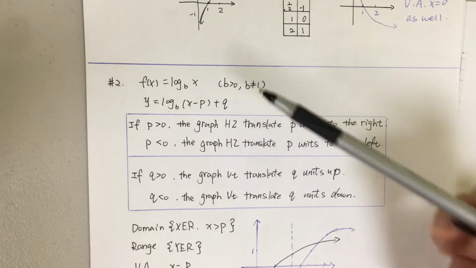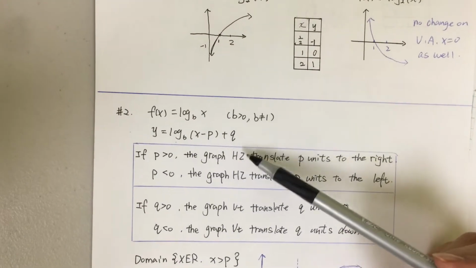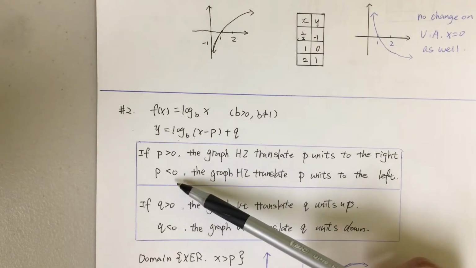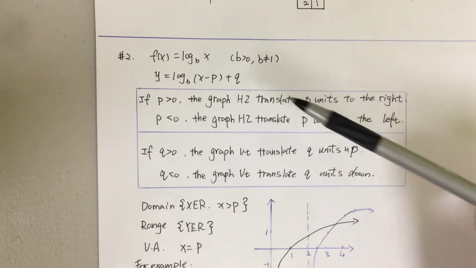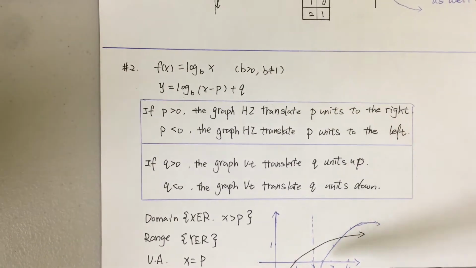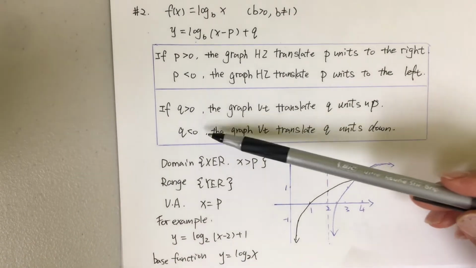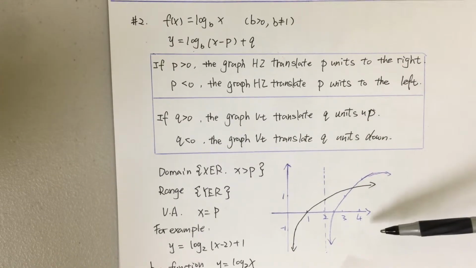By the general rules, if P is positive, the graph will translate horizontally P units to the right. If P is negative, the graph will translate horizontally P units to the left. If Q is positive, the whole graph shifts Q units up, and similarly, if Q is negative, the whole graph translates vertically Q units down.